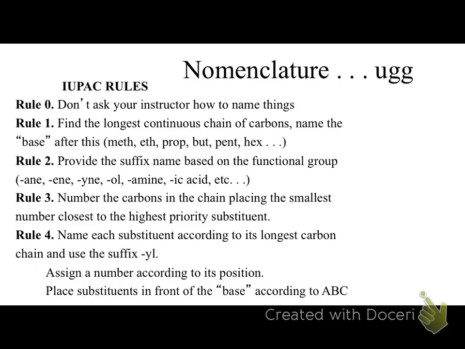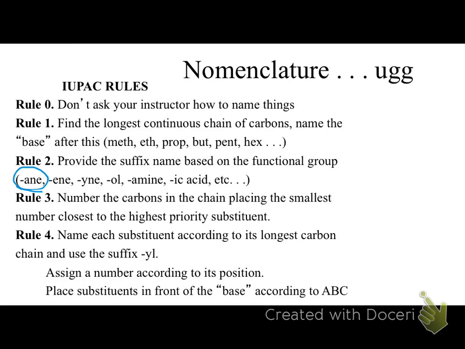The suffix name, the only one you're really concerned about at this point in the semester, is going to be the alkane or the -ane ending. As we move through, you'll start seeing all these other ones show up as well. You'll number your carbons, giving your substituents the lowest total number.